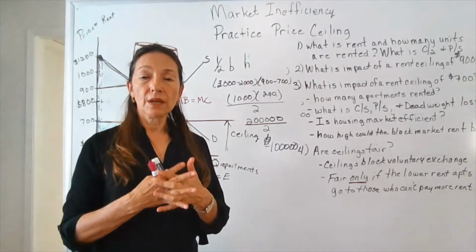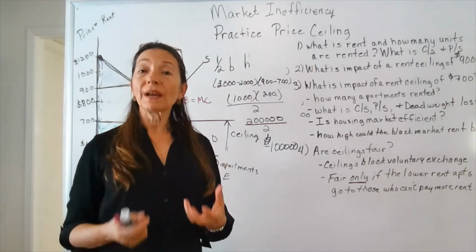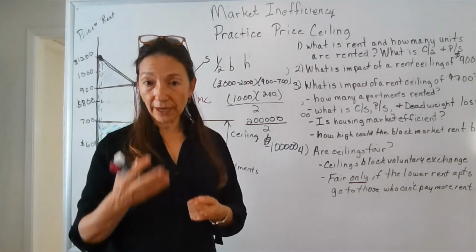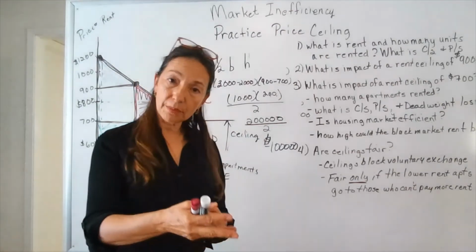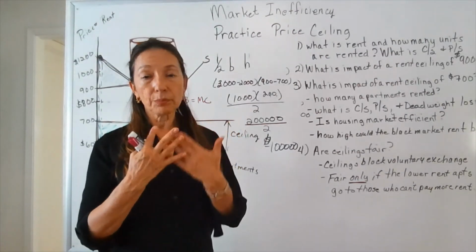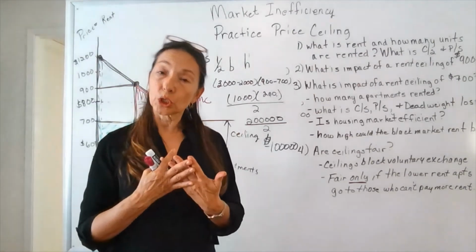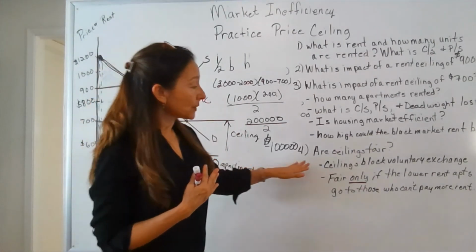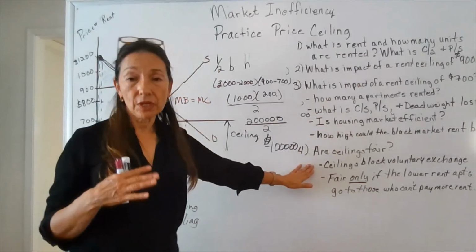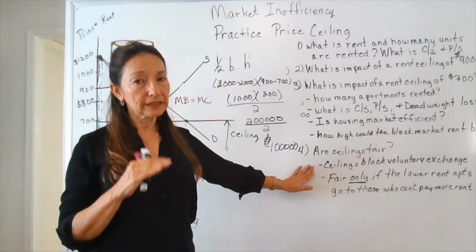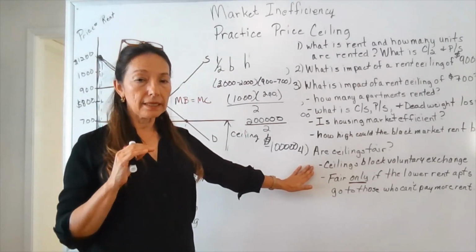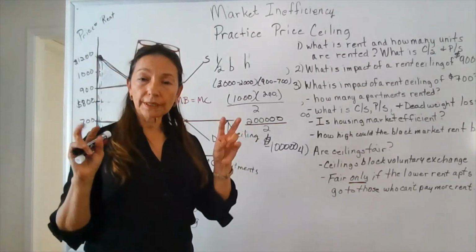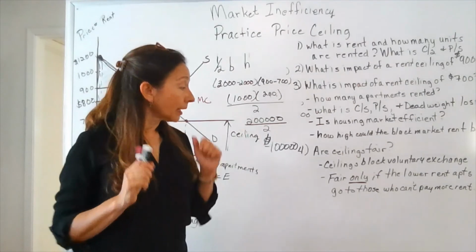So remember we talked about the principle of private property and being able to use your property the way you see fit, to be able to sell your property at the price that you want to sell it at, for somebody else to choose to buy it at that price or not. So the first thing a ceiling does is it blocks that voluntary exchange. So in that sense, it's not fair, and it really is not part of the free market philosophy.